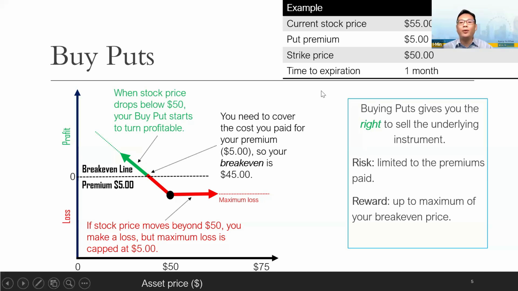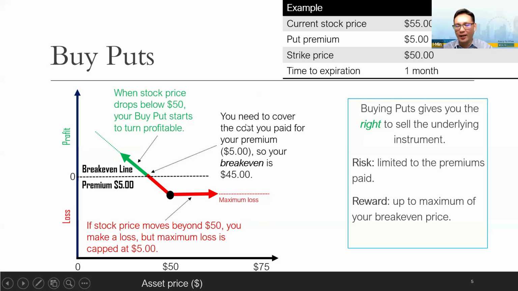Okay, so put gives you the right to sell. So for example, in this case, after I buy a put, I give the option seller $5. And let's say the price becomes $75. Now in this case, it's sell to the option seller, not buy. So it doesn't make sense for me to buy at 75 and sell to the option seller at 50.